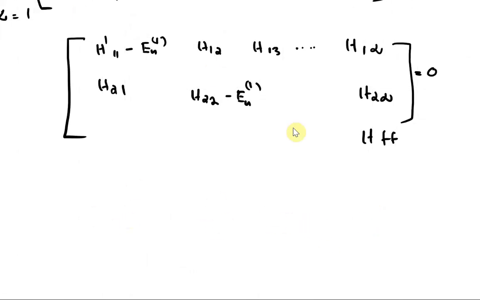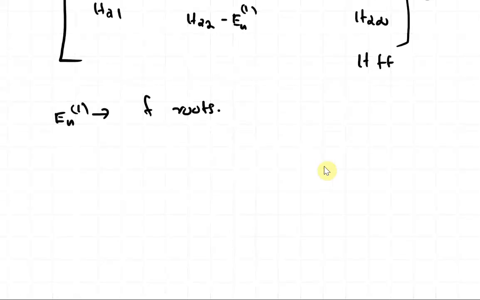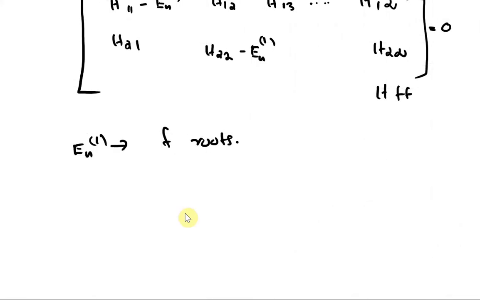So in this case we'll be having how many roots? E_n^1 will be having f roots. In these f roots, if all the f roots are different, if you are getting different values for all the roots, then what will happen for the energy value?